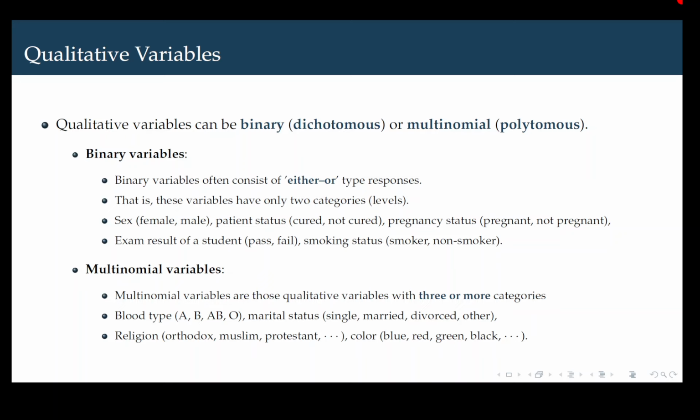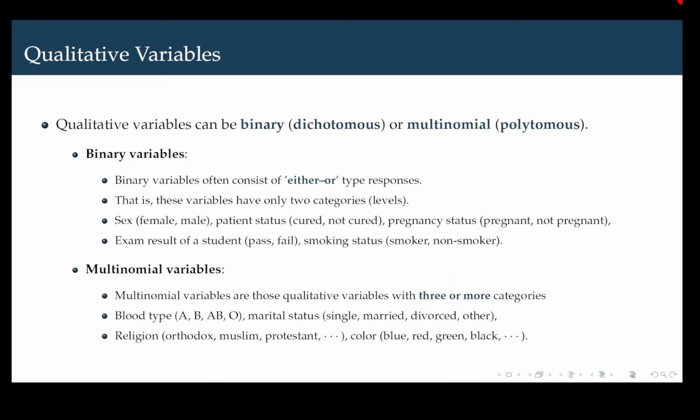The binary variables are those qualitative variables which assume only two values, or either-or type of responses. For sex, for example, we have either female or male. So these binary variables have only two categories, or levels, or groups.